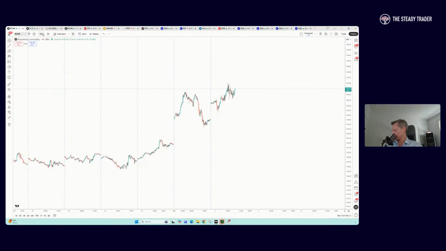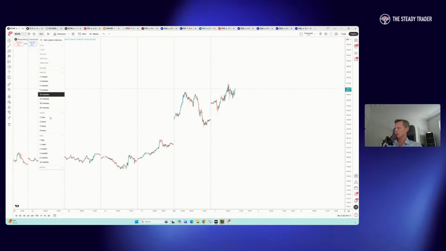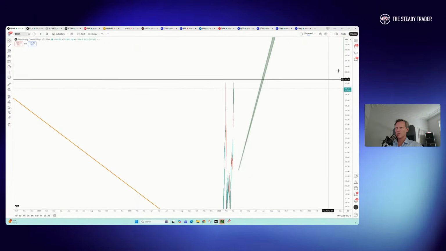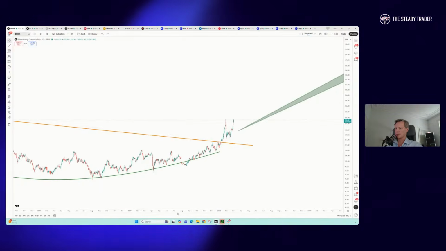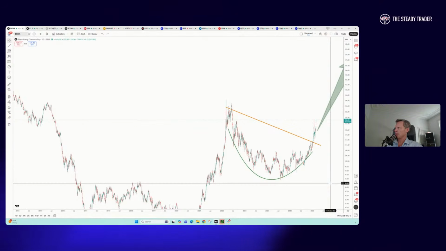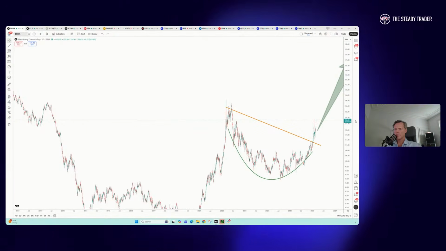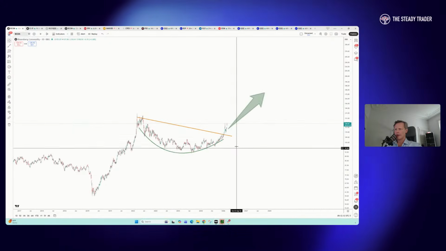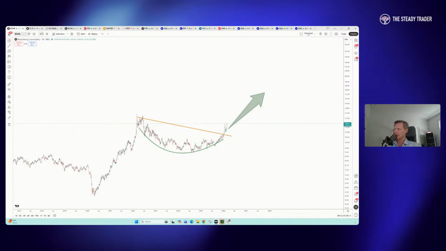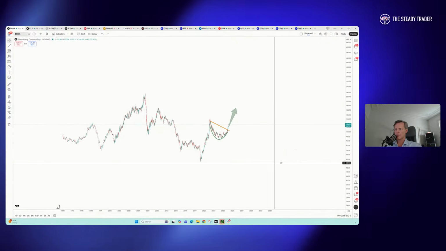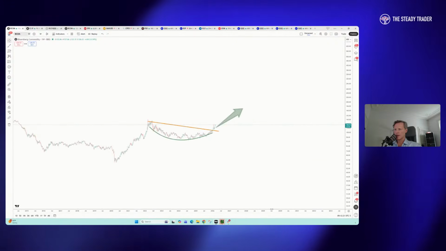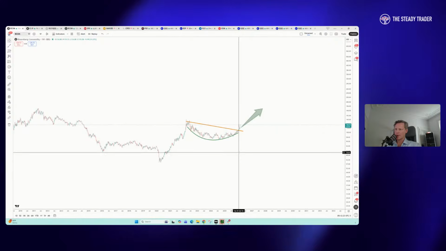Anyway, let me quickly show you the chart. So this is the Bloomberg Commodity Index that we've been talking about for some time. I'll have to make this a longer term chart. So this here is that commodity breakout that we've been talking about.